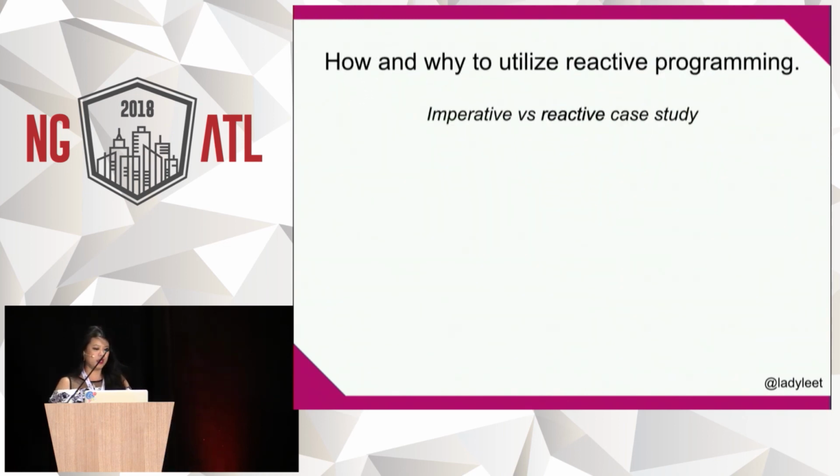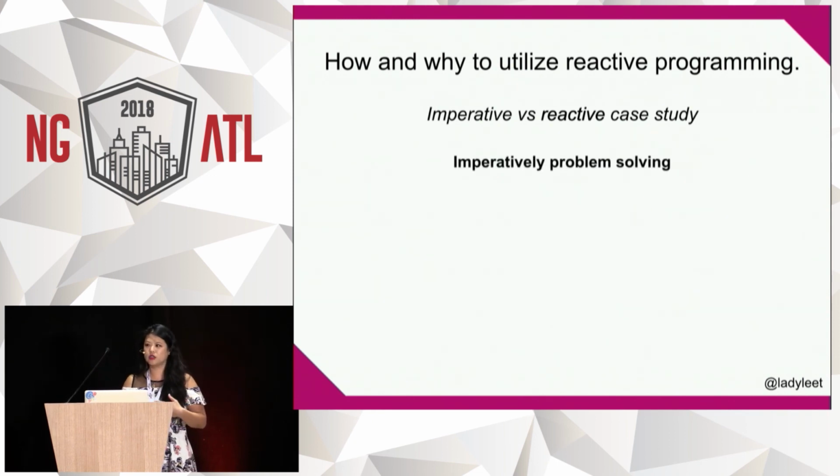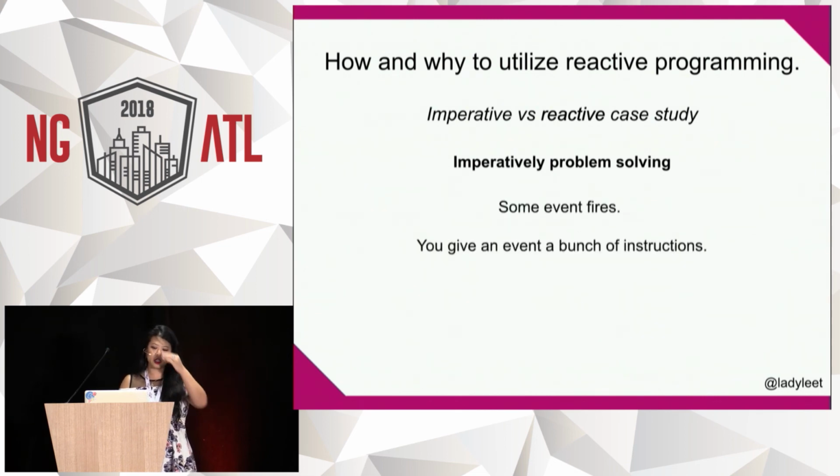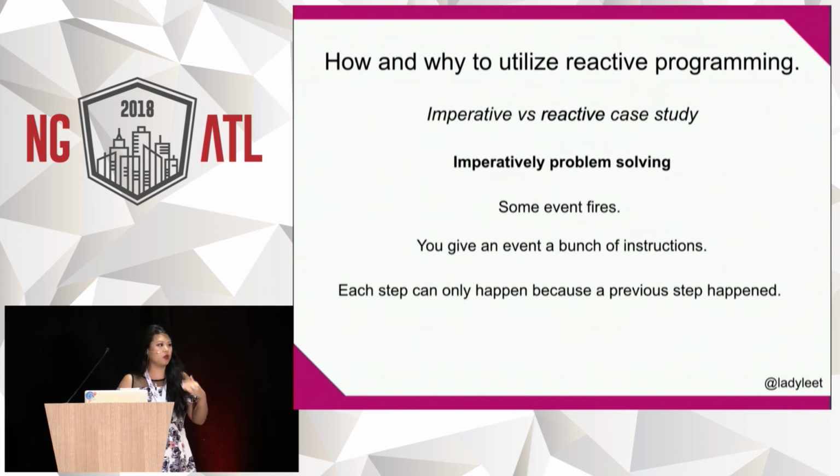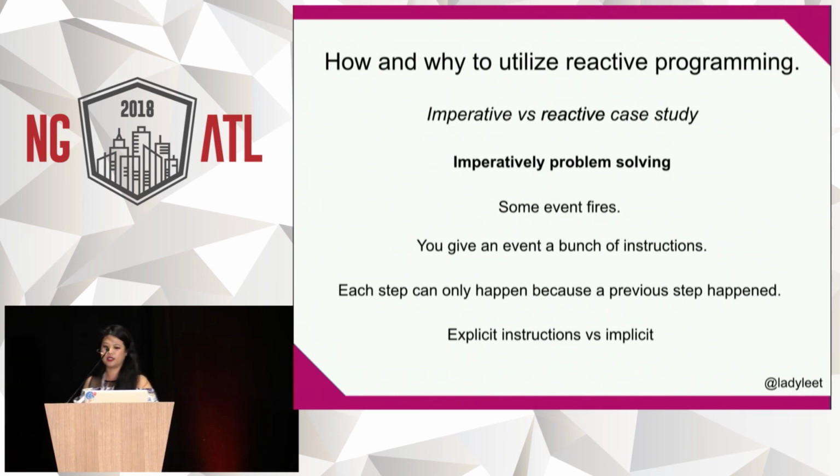If we think about the way we solve problems right now, we're mostly taught to solve problems imperatively. Imperative problem solving usually looks like this: some event's going to fire, we give the event a bunch of instructions, and each step can only happen because a previous step happened. So we're typically giving our applications very explicit instructions versus implicit instructions.